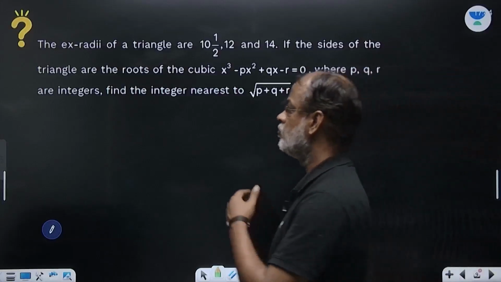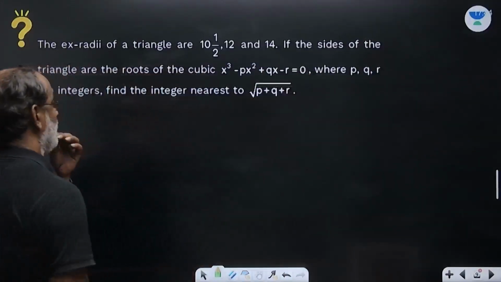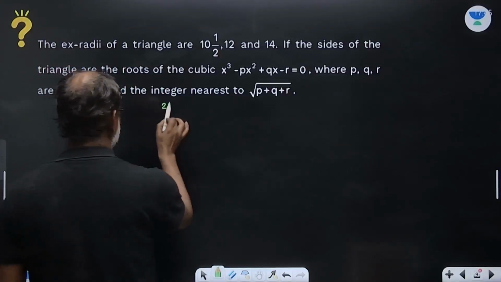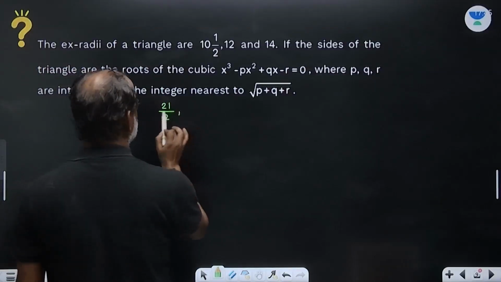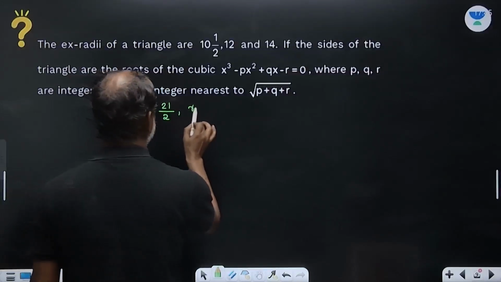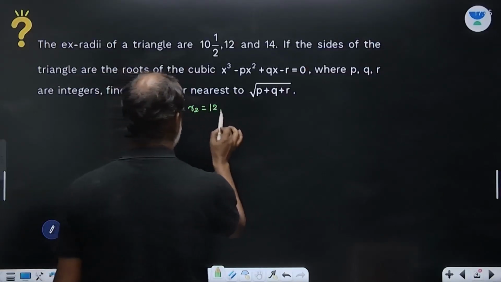Now let me move ahead. The exradii of a triangle are 21 by 2, so this is R1. What is R2? 12 and R3 is 14.